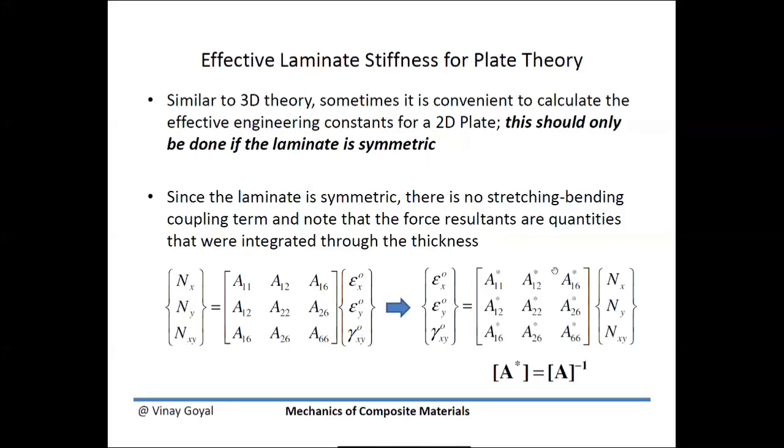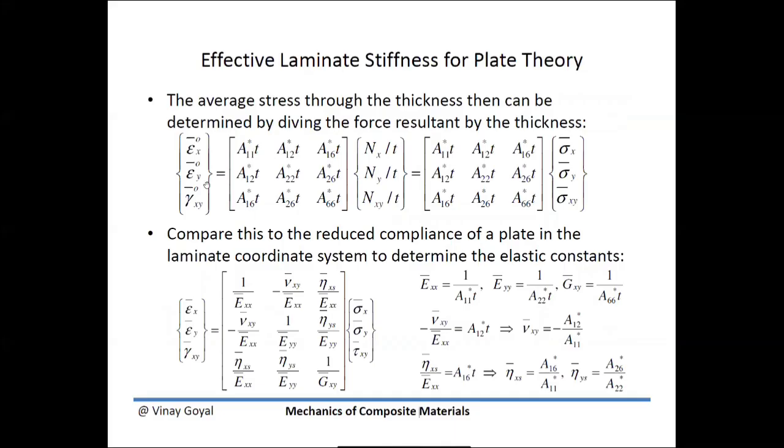A star here is the inverse of A. And I'm going to do a little trick: I'm going to multiply every row by t and then divide by t on the end. If I do that, N divided by t gives me the average stress in that particular ply for the X direction, Y, and XY. Remember, N was integrated through the thickness, but I'm trying to get an average quantity there.